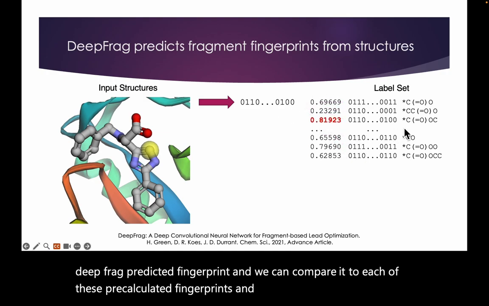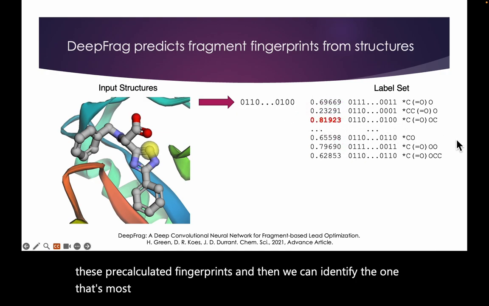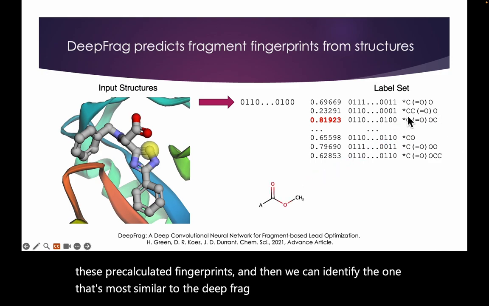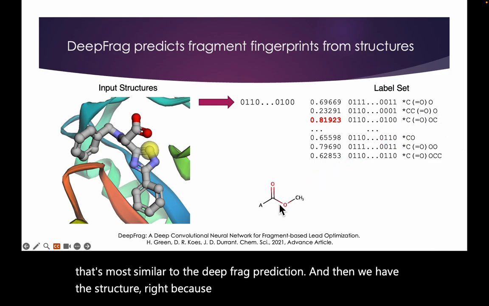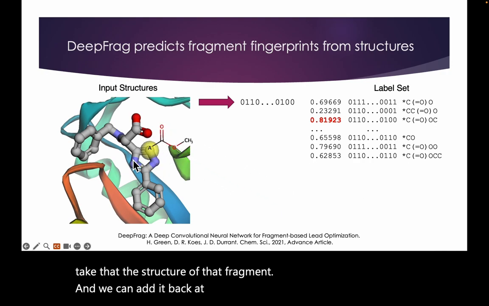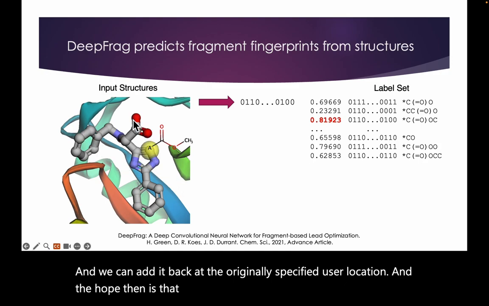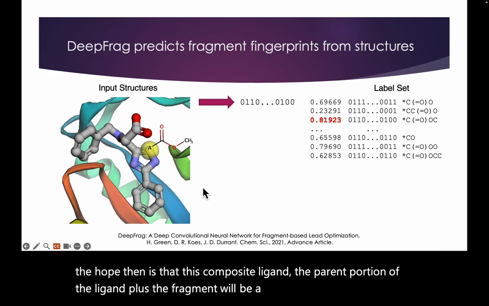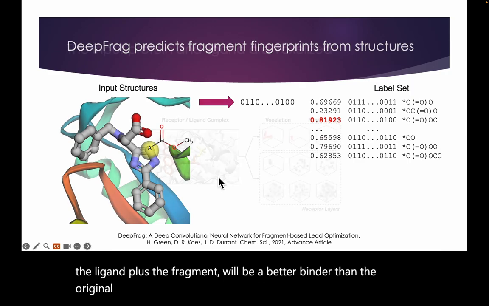And then we can identify the one that's most similar to the DeepFrag prediction. And then we have the structure, right? Because we've pre-calculated all this. And we can take the structure of that fragment and add it back at the originally specified user location. And the hope then is that this composite ligand, the parent portion of the ligand plus the fragment, will be a better binder than the original parent ligand was, right?